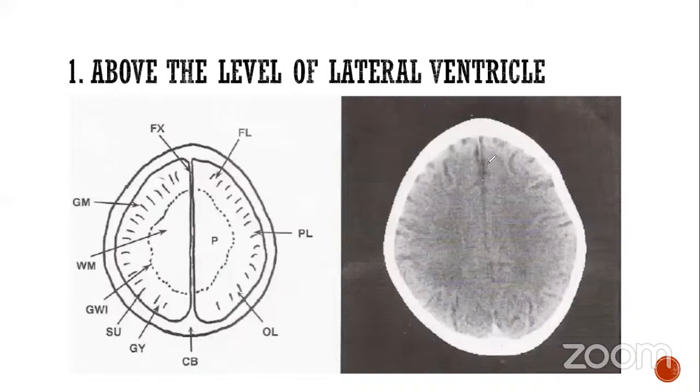I want to repeat: that is the falx cerebri, that is the cerebral hemisphere, that is the frontal lobe, parietal lobe, and occipital lobe. That is the sulci, that is the gyri, and that is the white matter, and in the periphery that is the gray matter, and in between that is the gray-white junction.